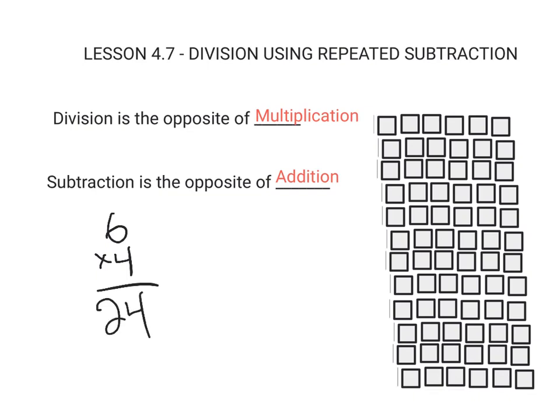But if I was just starting off with addition, I could do 6 plus 6 plus 6 plus 6, or adding 6 to itself 4 times, which gives me 24.